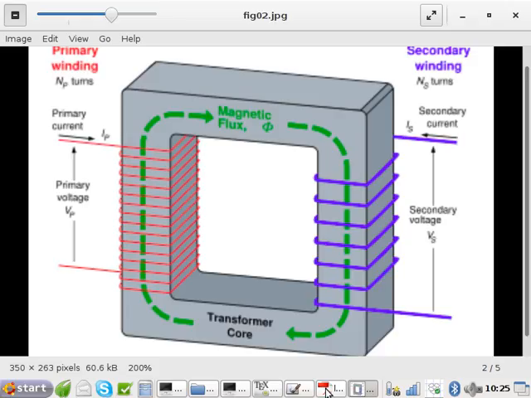And then over here, V2 equals minus N2 delta phi over delta T.